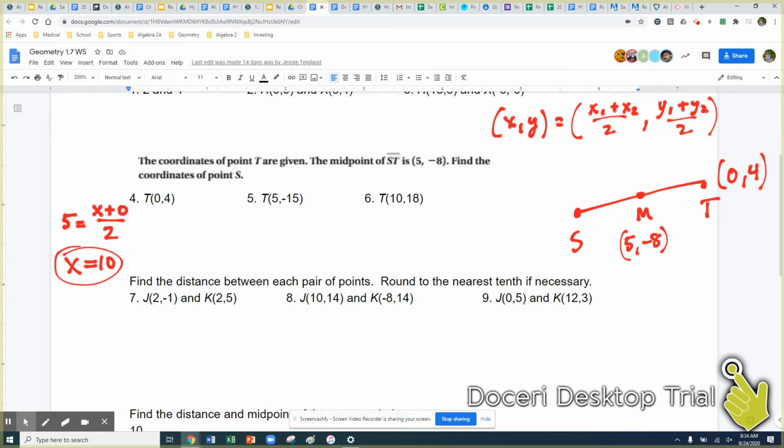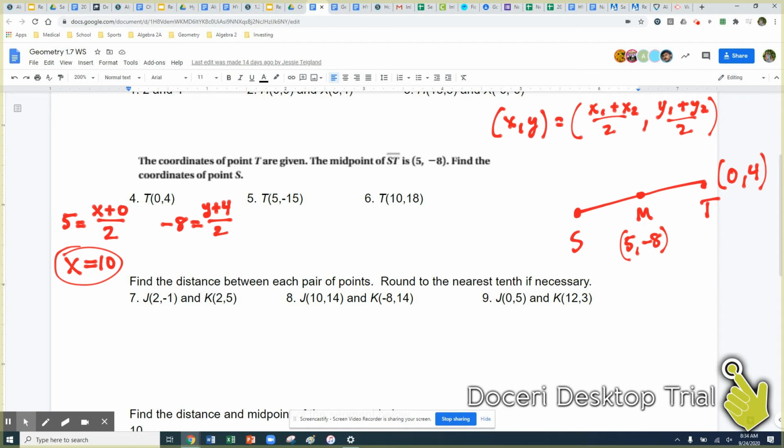So just to visualize that, that's our situation. Now we need -8 to equal y plus 4 over 2. Asking yourself this question again, what number divided by 2 equals -8? -16.